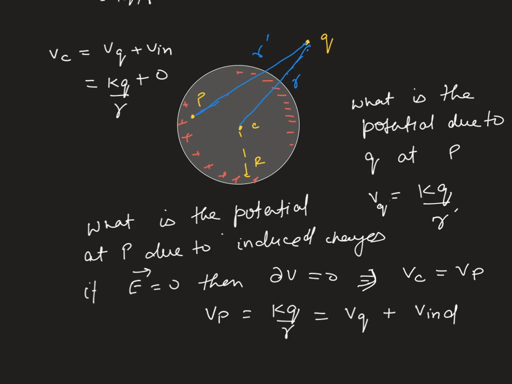We know that the potential due to charge Q at point P obviously is KQ by R dash. What was R dash? R dash is this distance. So the potential due to induced charges can be written as Vp minus V due to Q, that is equals to KQ by R minus KQ upon R dash, and that is the potential due to induced charges at point P.